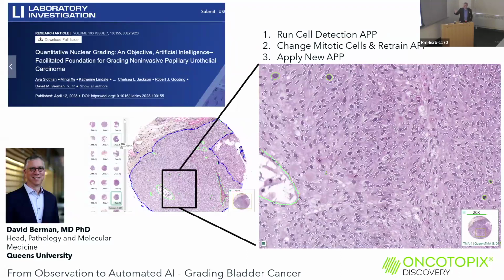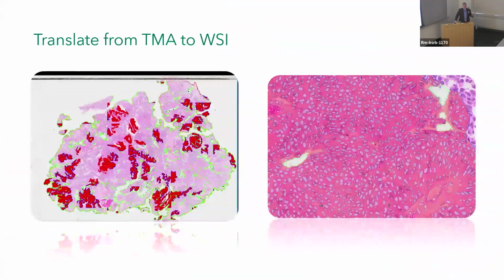So we were able to give him the ability to find and quantify all of these cells. And then using a variety of metrics, he was able to hone it down onto which metrics of the nuclear morphologies were relevant for staging. And he's trying to redefine the staging paradigm for bladder cancer. This is done in TMAs, and now we're starting to apply this to whole tissue, and make sure that it works in the whole tissue arena as well. So there's more to come from that story.